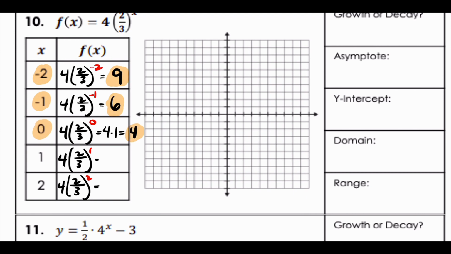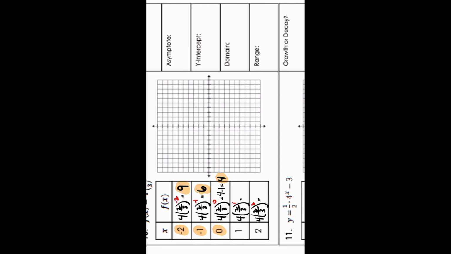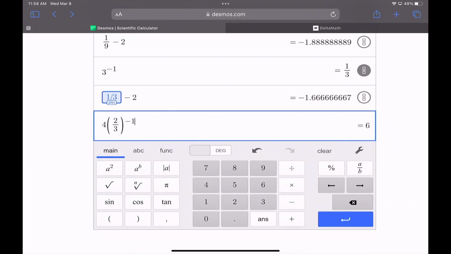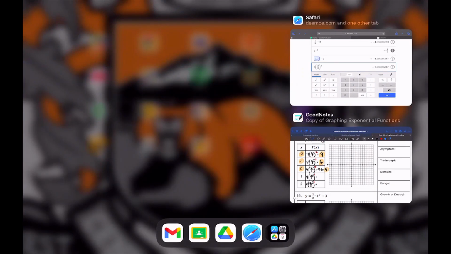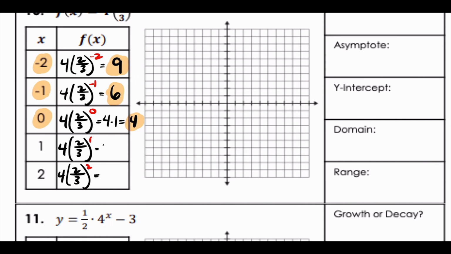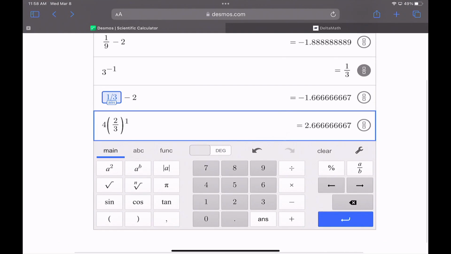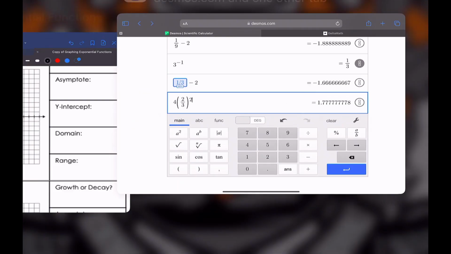Okay. First power, 4 to the first power. Change that to 1. 2.67. Change it to 2. 1.78.